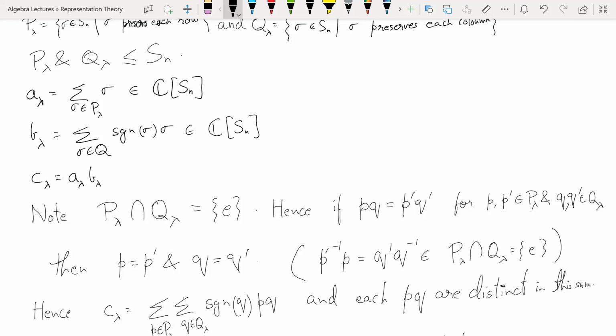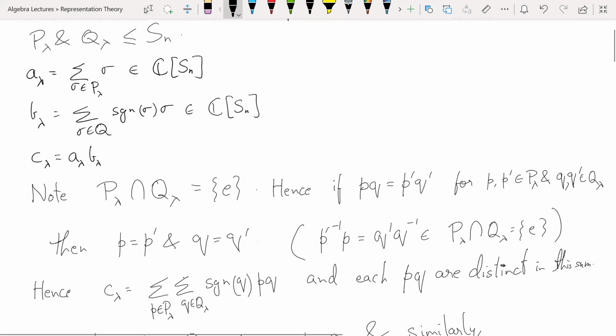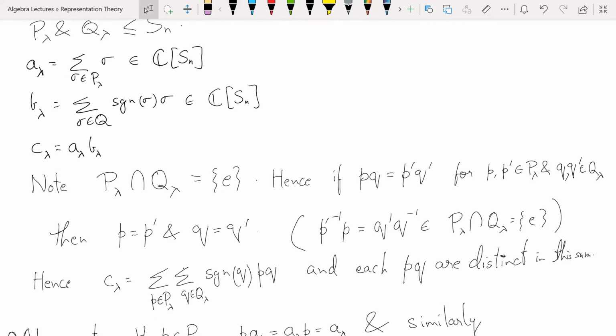Okay. So if you think about this product C lambda, so C lambda is A lambda times B lambda. So you can do the product and you get this formula. But the point is you can't club two elements. It's not like the coefficient of P times Q in C lambda has any other terms; it is just sign of Q. There are no other terms, so you can't combine terms.